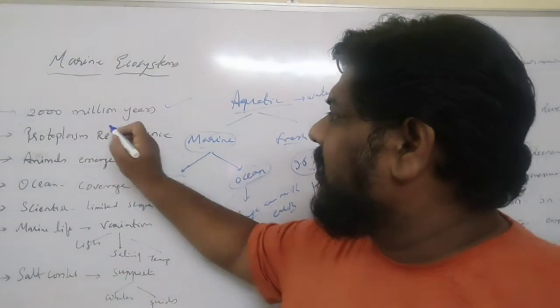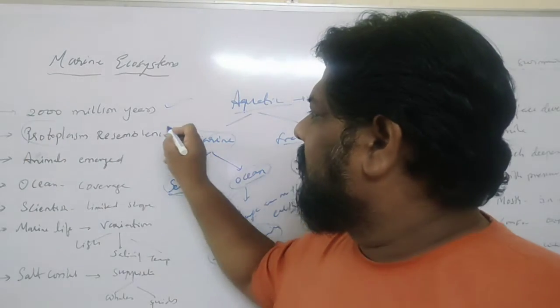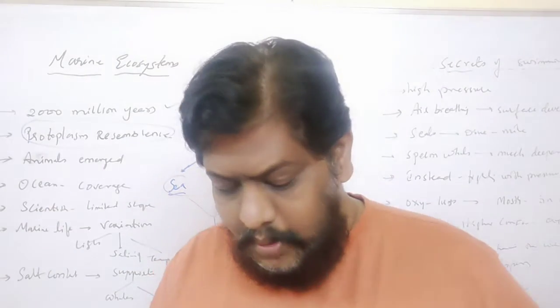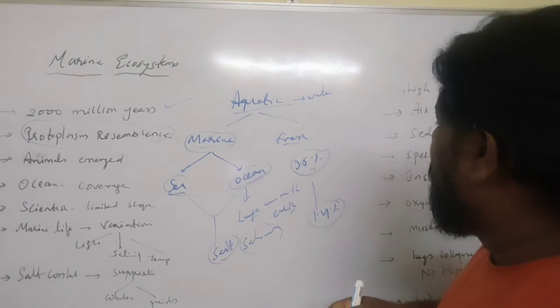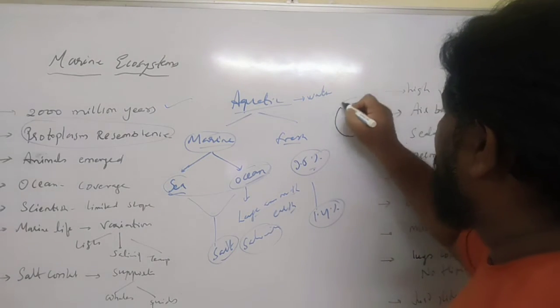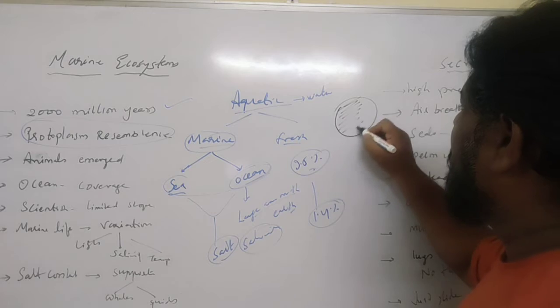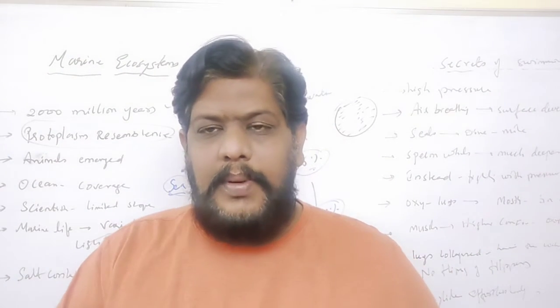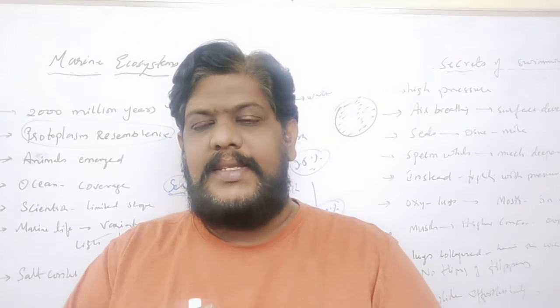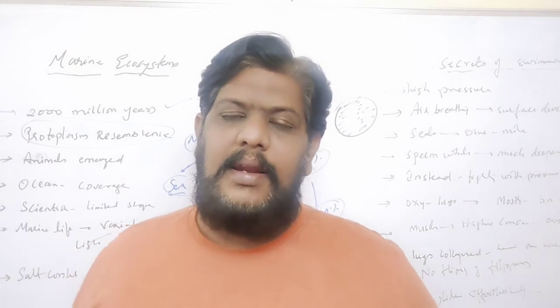Now what are we going to see? Here, we have already learned about the protoplasm. What is protoplasm? The water content in the cell is called the protoplasm. Protoplasm is the jelly substance where all the organelles are located.